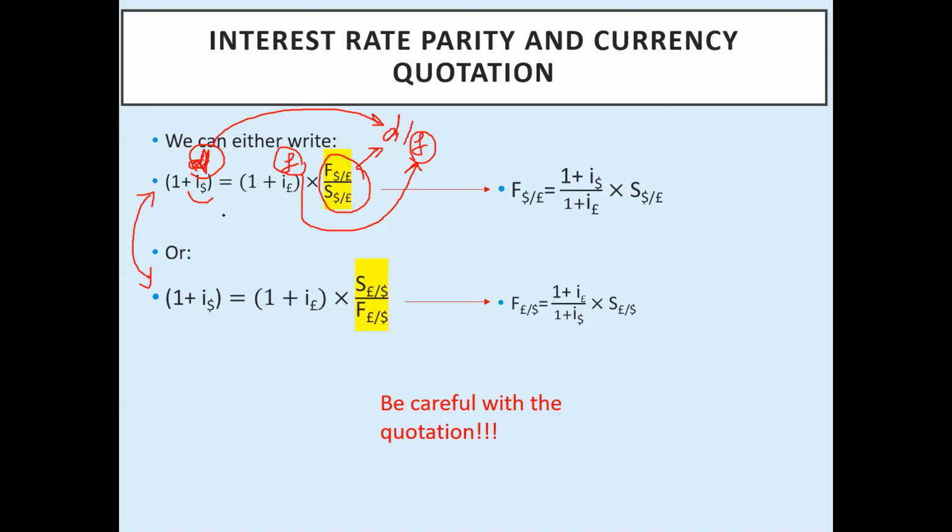In contrast, if I want to write this equation in terms of the value of the domestic currency, I can take the reciprocal of this rate. In this case, I'll be looking at the exchange rate between the foreign currency and the domestic currency, so I'm looking at the price of the domestic currency in the foreign currency.